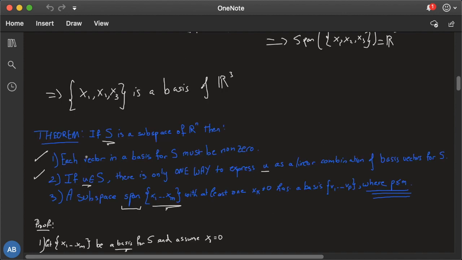And if you're still confused about why he is not picking the 0 vectors, I would like to shed light on the previous lecture where we introduced a theorem dealing with subspaces of Rn, where one of the statements was that each vector in a basis for S must be non-zero. What does that mean? It means that if you give me a basis, no element of the basis can be all zeros. And that's why we eliminate the 0 rows from the basis.